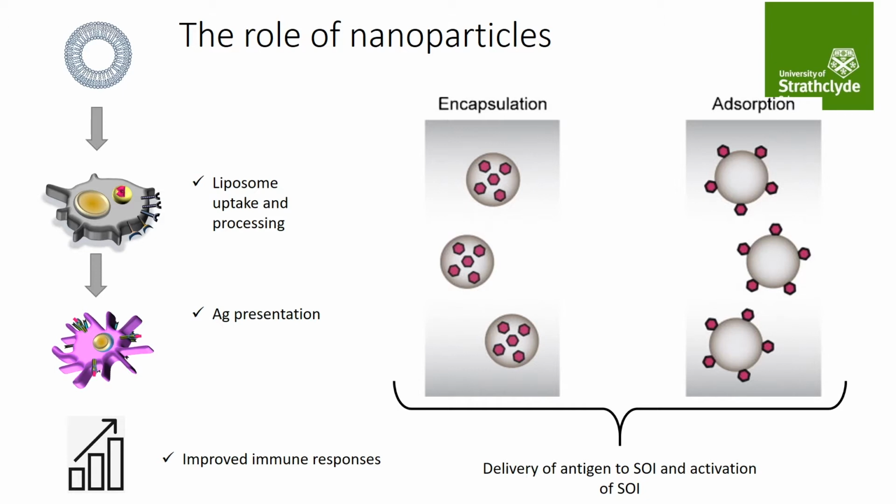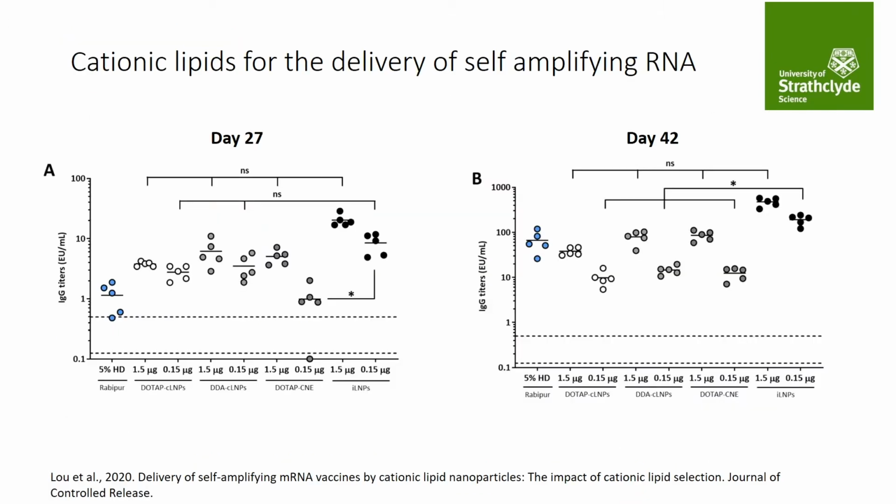If we look at the absorption method first, it's clear that using nanoparticles plays a strong role in the administration of self-amplifying RNA vaccines. From the results, the use of cationic lipids was able to produce comparable antibody titers when compared against a benchmark ionizable lipid particle.